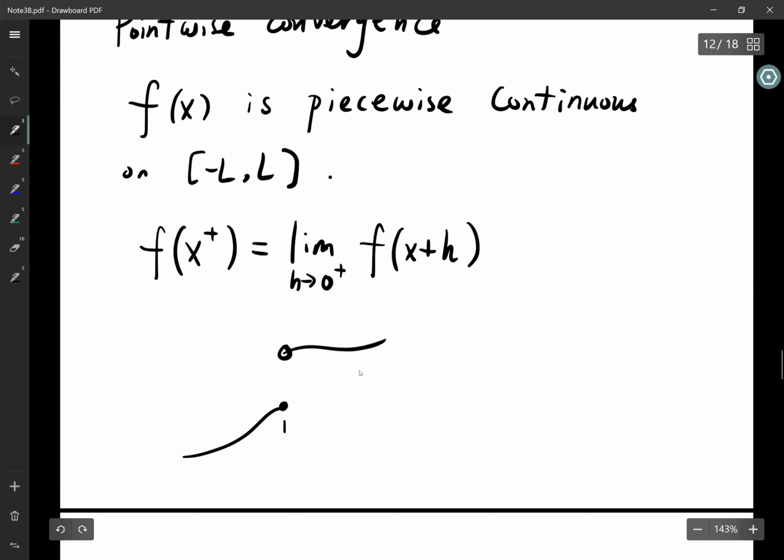So this is x. So this is the value f(x). If I take any positive h, it will be here. I take a limit when h goes to 0, and this value is actually f(x plus). Any question?